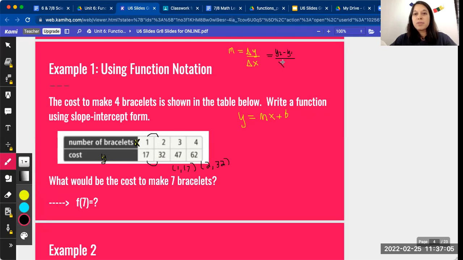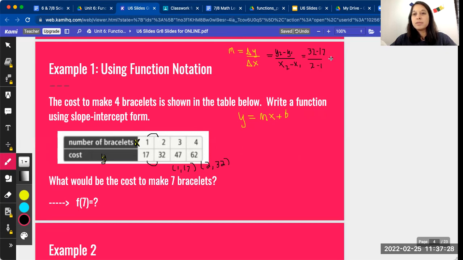Most of my video is just me figuring out how to write with the mouse. x2 minus x1, right? Okay, so let's do that. My y2 is 32, my y1 is 17. So 32 minus 17 over 2 minus 1. Well, that's easy.